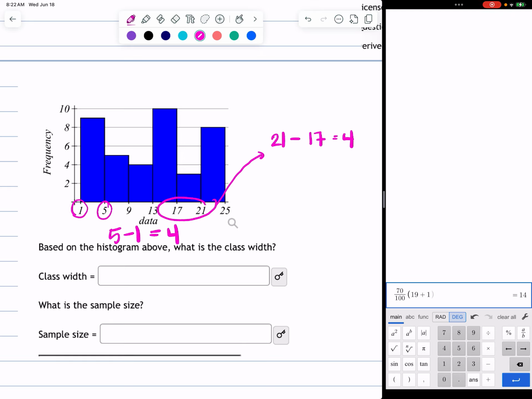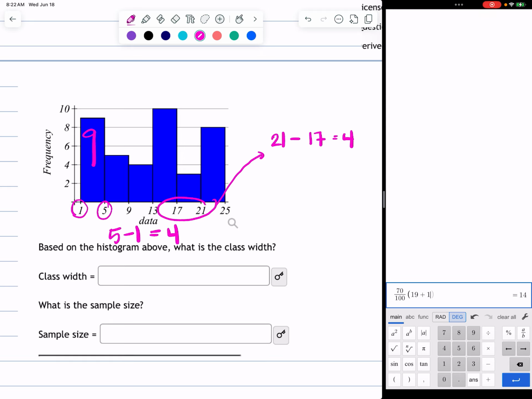Sample size. I got some weird stuff for sample size. All you have to do for sample size is add up the number of people or the number of objects, the number of data points in each class. So this first class is halfway between 8 and 10. Halfway between 8 and 10 is 9.